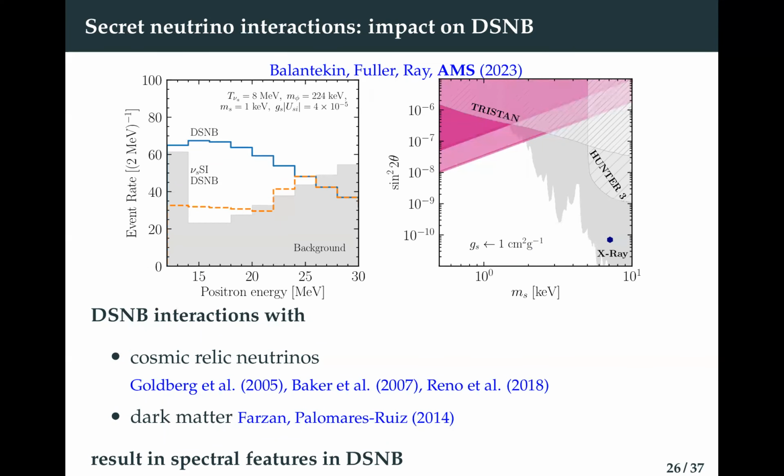Then we can also have mediators that are special in a way that they will produce some dips in the DSNB. So there have been studies looking at DSNB neutrinos interacting with the CvB neutrinos, where if you have the right mass of the mediator, the resonance energy, the dip energy that you see, is equal to the mass of the mediator squared divided by 2 times the mass of the neutrino, you will see the dip.